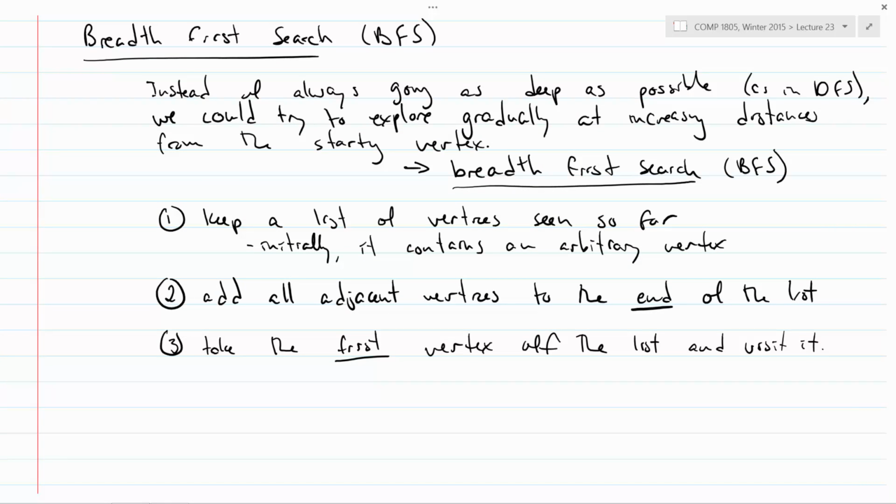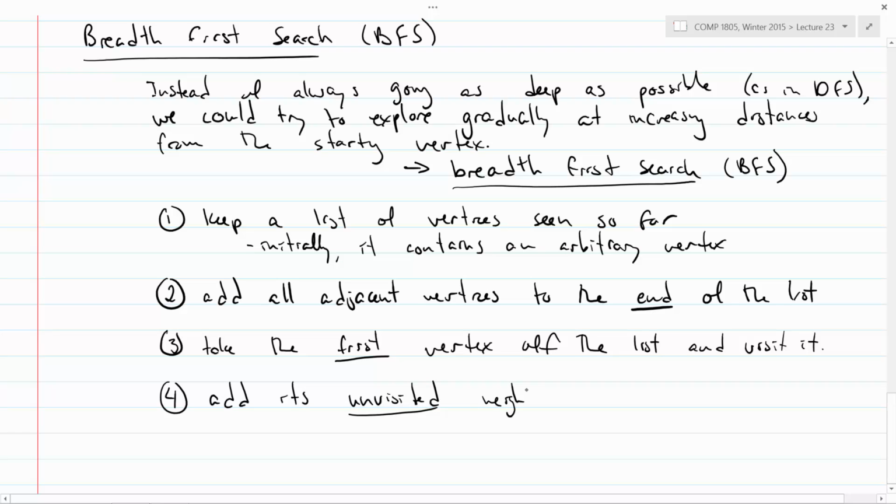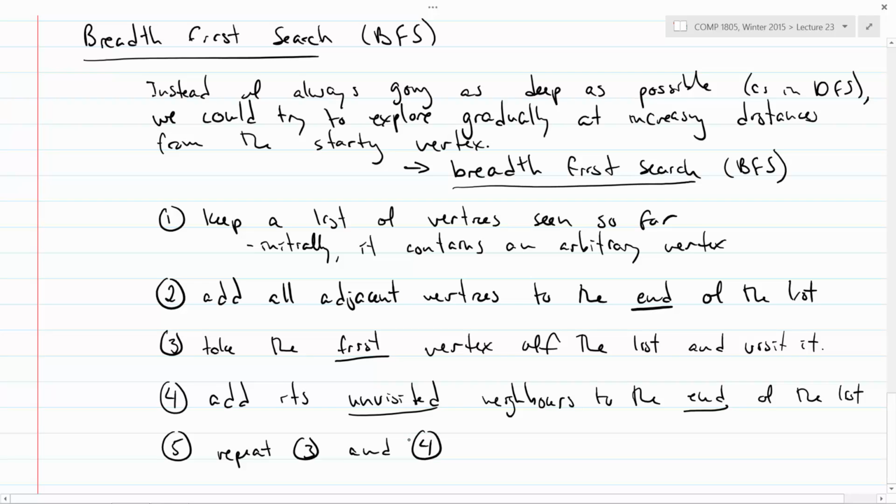And when we visit it, we add all of its unvisited neighbors to the end of the list. And now we repeat 3 and 4 until the list is empty.